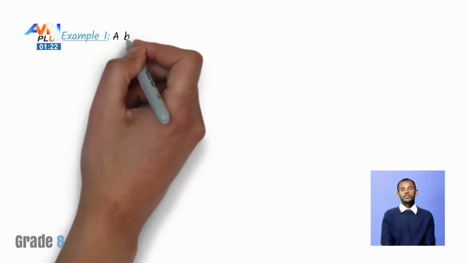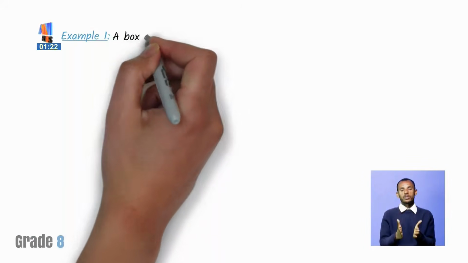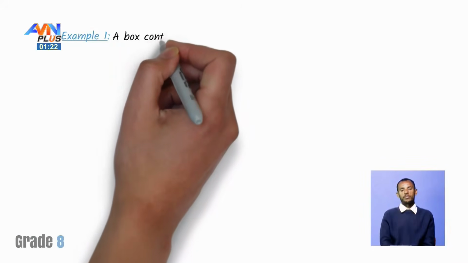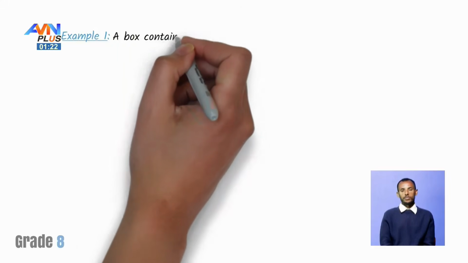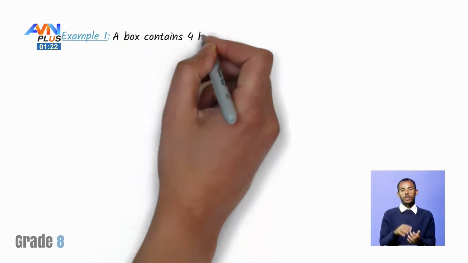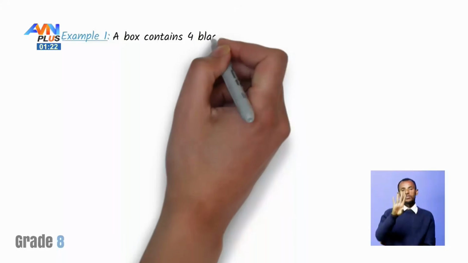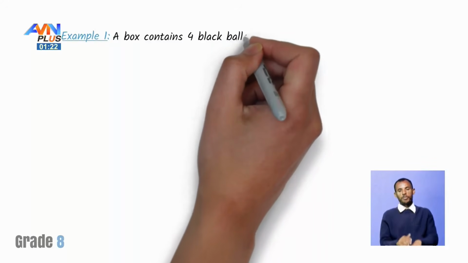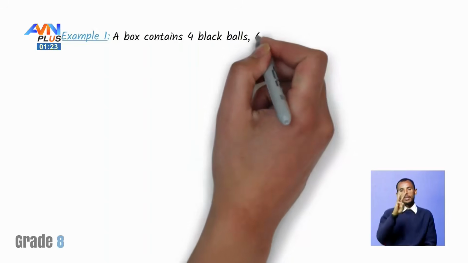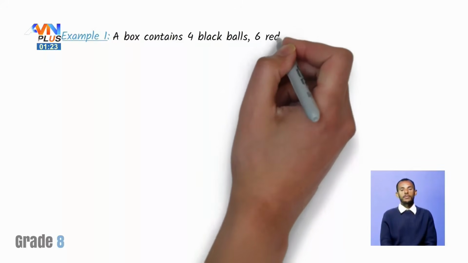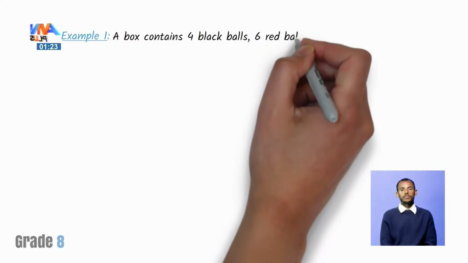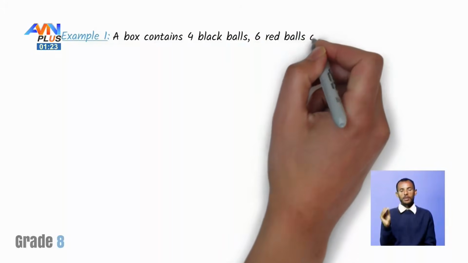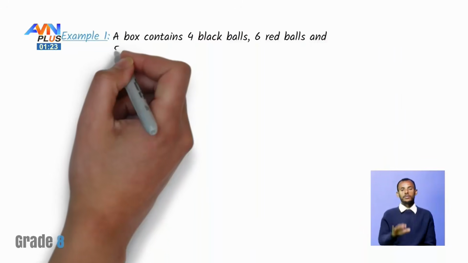A box contains 4 black balls, 6 red balls, and 5 white balls.